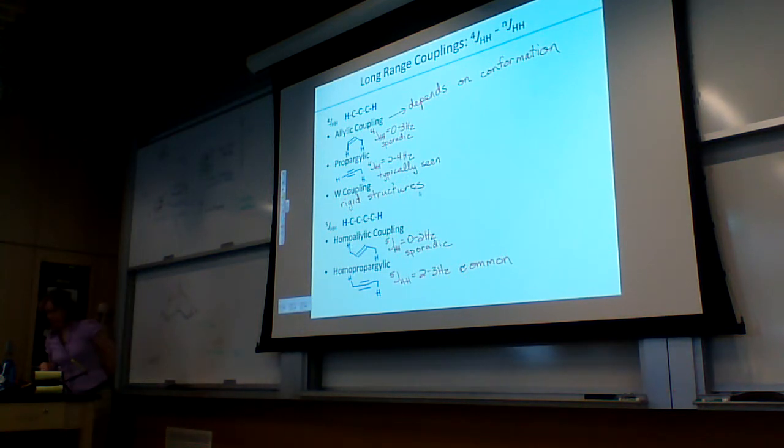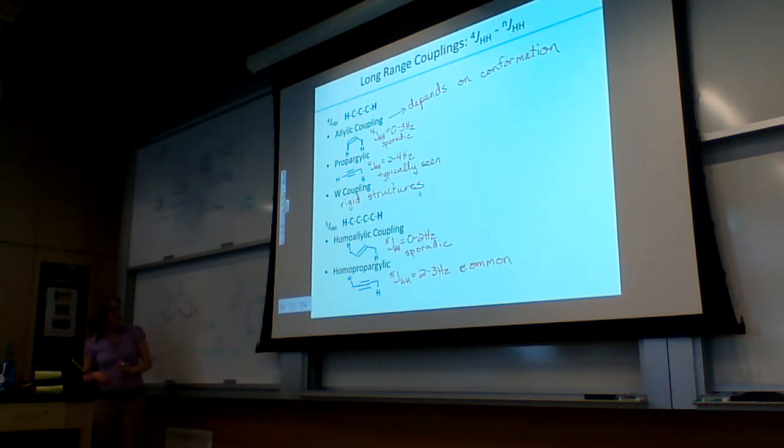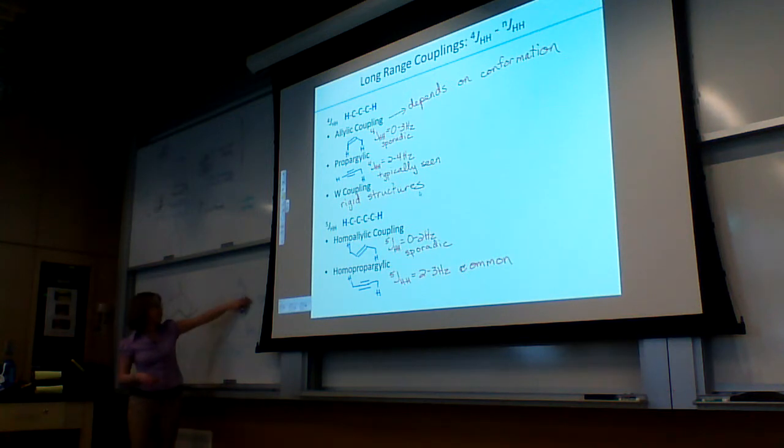I just want to leave you with an example that was in the OChem lab. You remember last year, 2 years ago, when you took OChem, you did the Diels-Alder reaction and made this structure. Something like that, I believe. Or maybe this was on the other side.